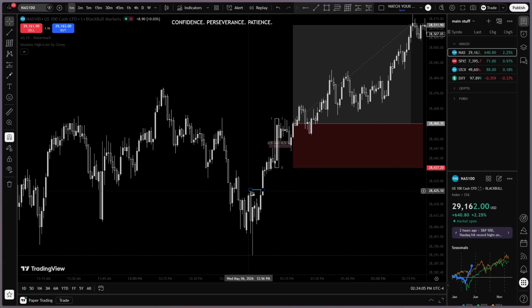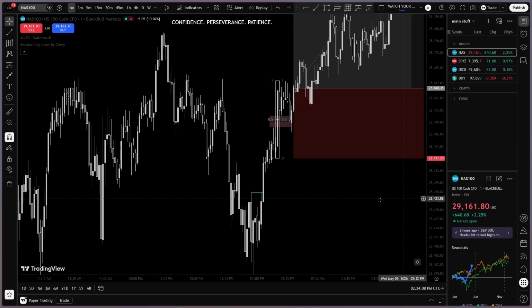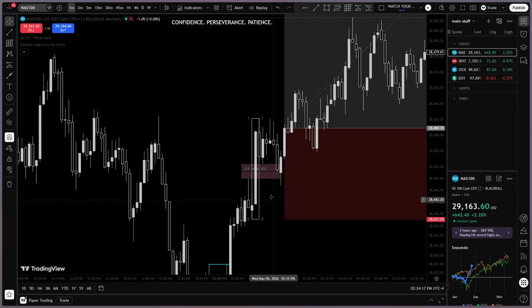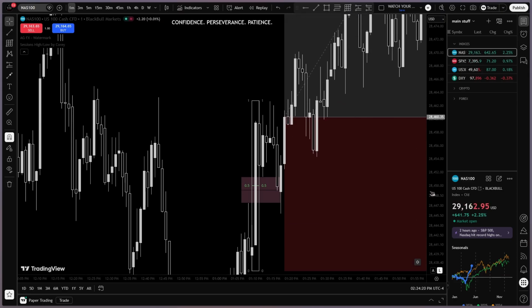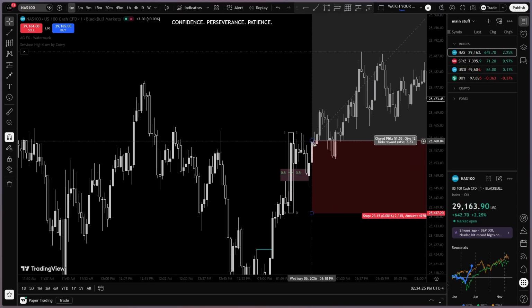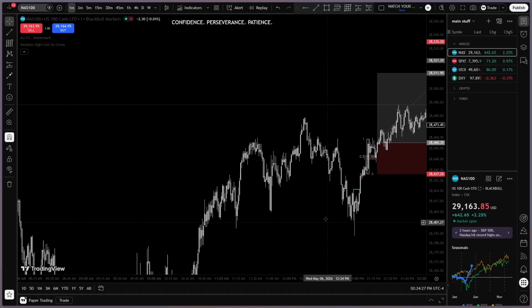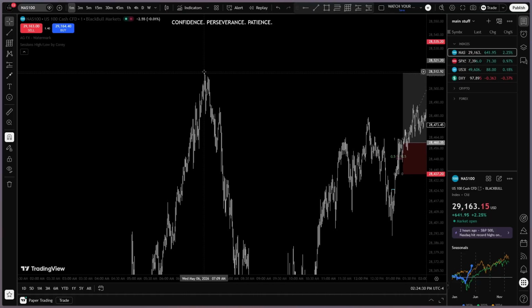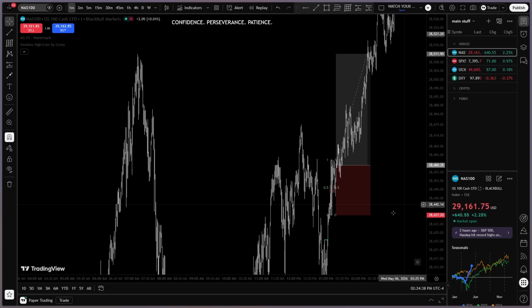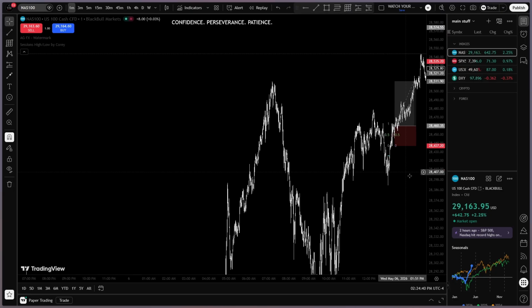We have market structure shift here. Then I was waiting for an FVG reaction. Here it was. I don't know, this is probably a 3-minute FVG, I don't remember. But we have a great reaction here. I got into the trade. I was targeting this London high because we didn't take it on NQ. Full TP.